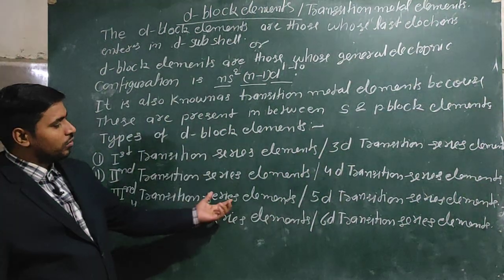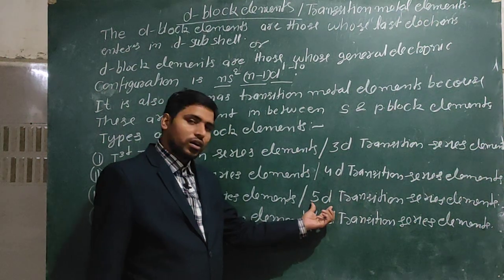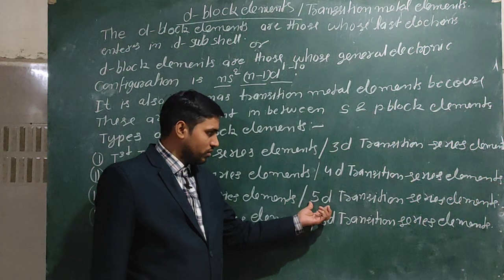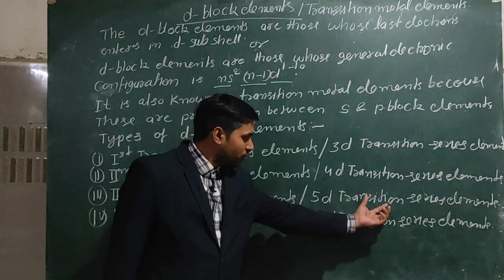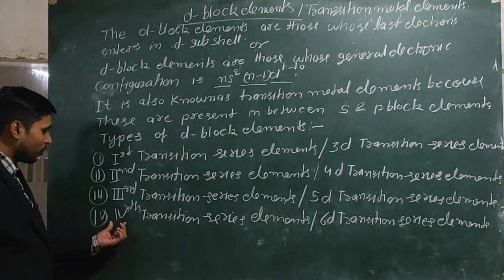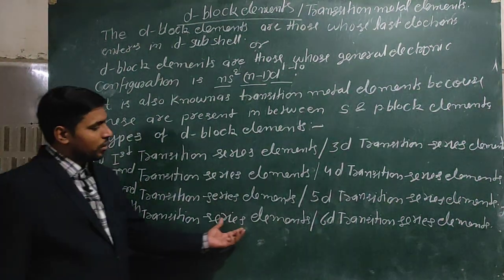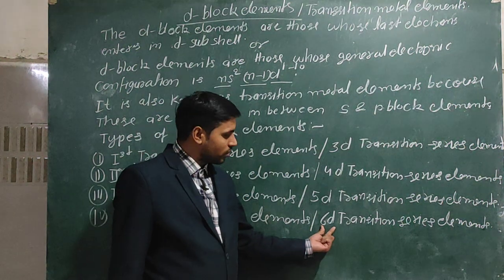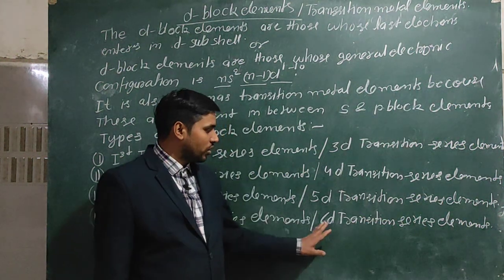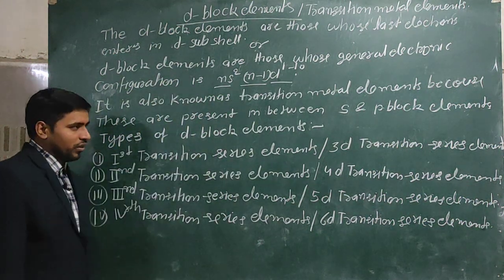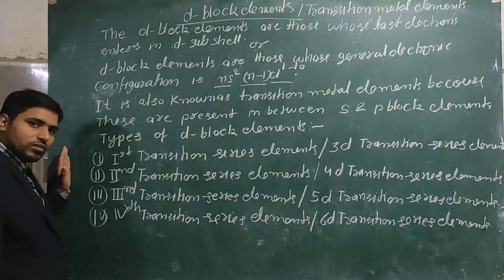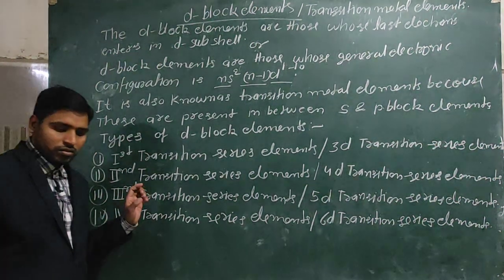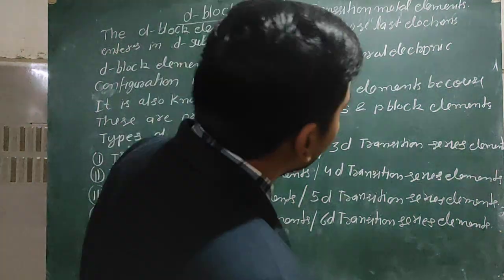Third transition series elements are those whose last electron enters in 5d subshell, therefore they are also known as 5d transition series elements. Fourth transition series elements are those whose last electron enters in 6d subshell, therefore they are also known as 6d transition series elements. You can write it easily in your examination hall.